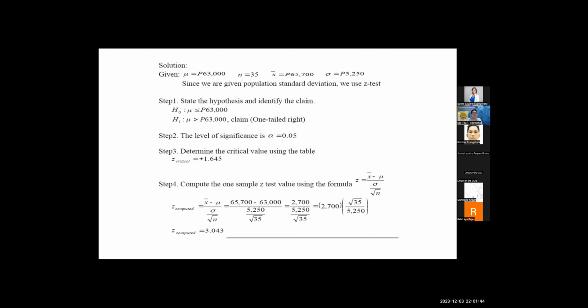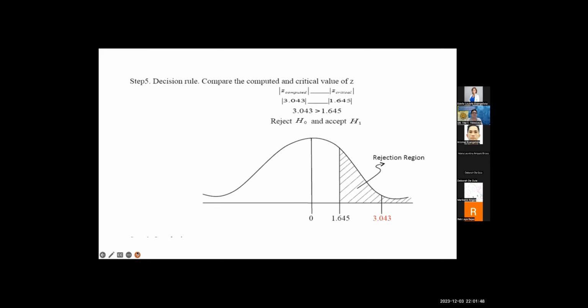So next slide. With using this computed 3.043, we need to decide if we are going to accept or to reject the null hypothesis.